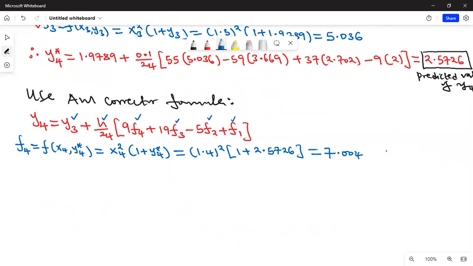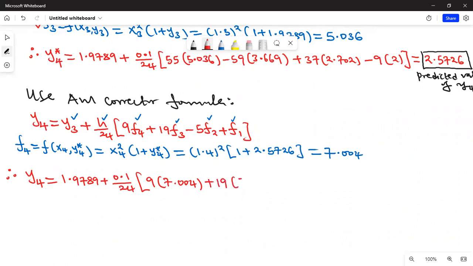So you can write here. Therefore, our Y4, the corrected value, is Y3, which was 1.9789, plus 0.1 over 24 into 9 times F4, 7.004, then the next is plus 19 times F3, which we got as 5.036, minus 5 times F2.